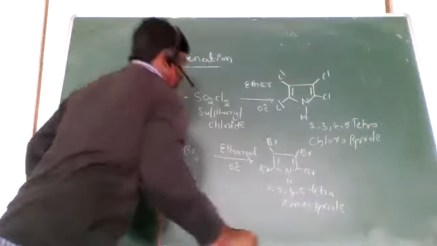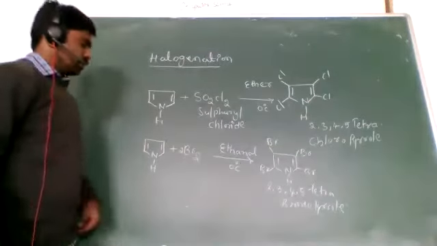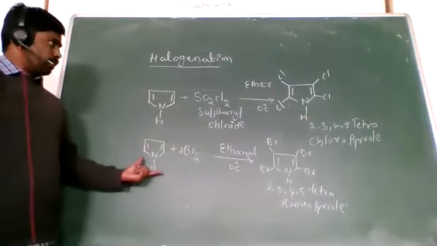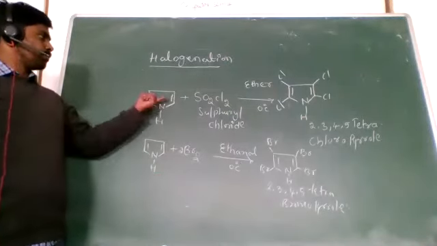What will we get here? Tetrabromopyrrole will be obtained. This is the halogenation of pyrrole.